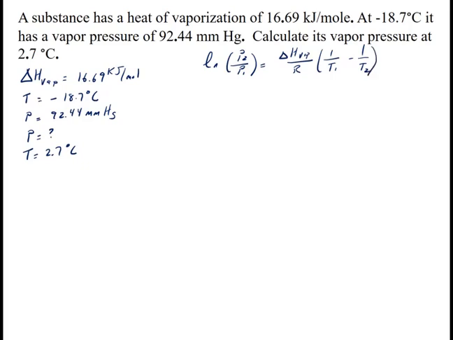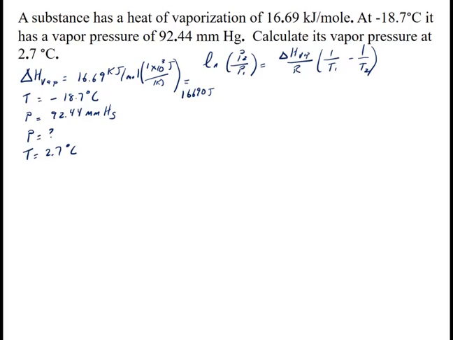As I went through this, the delta H has to be in joules. So there's 1 times 10 to the 3 joules per 1 kilojoule. That's all the way back in chapter 1. That means that I have 16,690 joules.